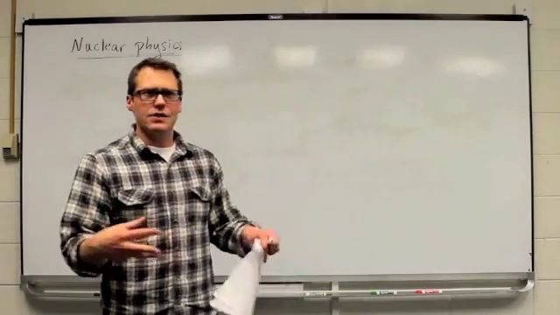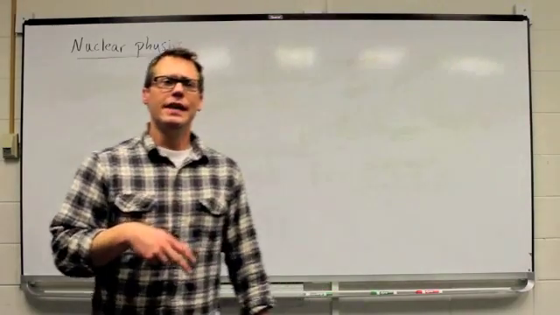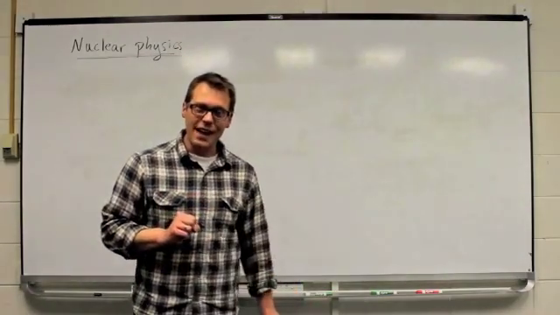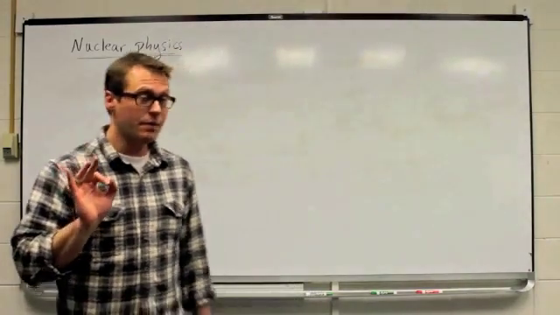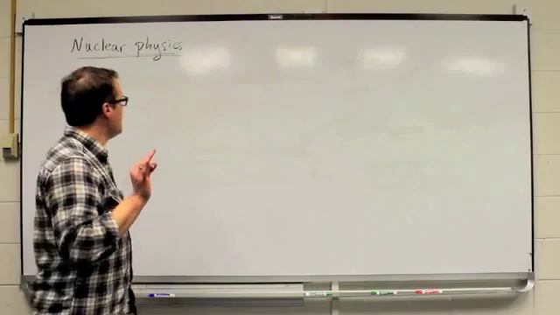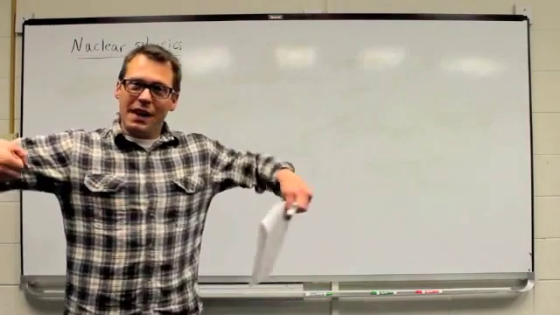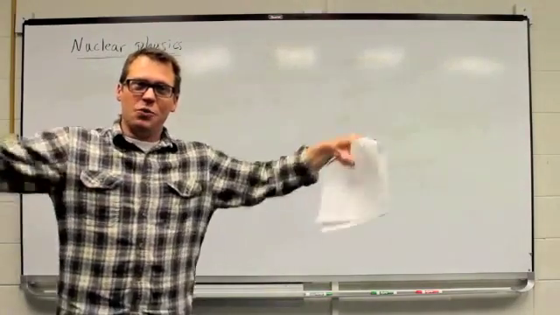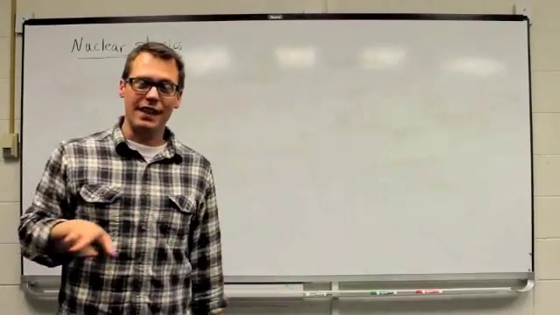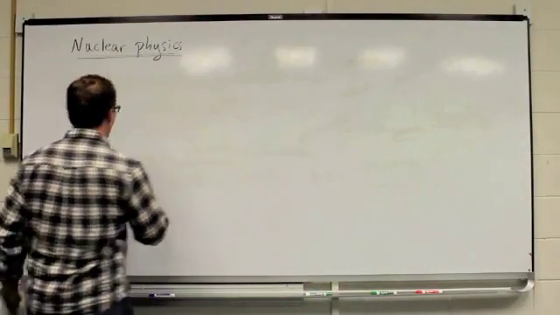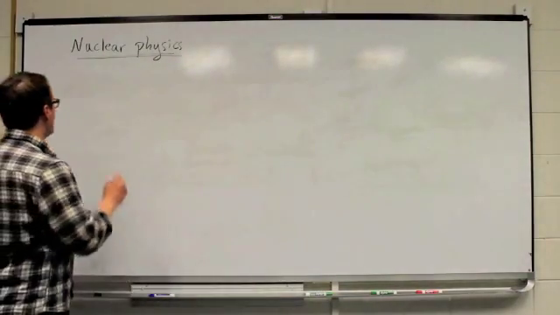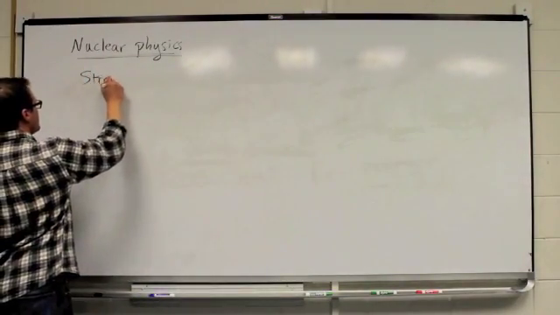So in order to get even two protons to hang out very close together at radii on the order of 10 to the minus 15 meters, there must be another force that's able to resist that enormous repulsive electric force. And there is such a force, we call it the strong nuclear force.